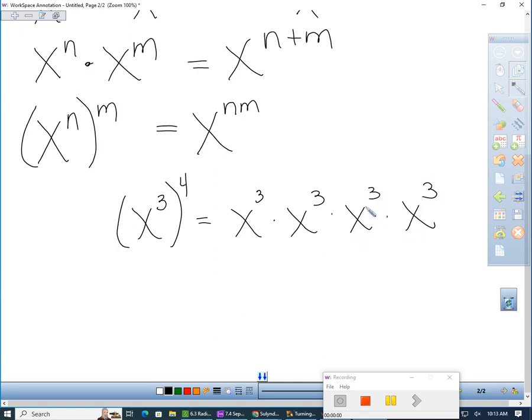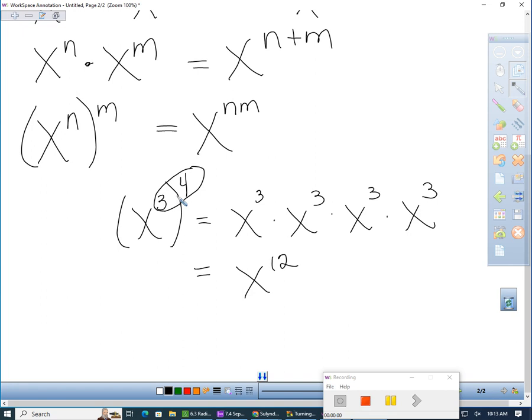So yesterday, in our rule, we would have kept the base and added our exponents all together. So 3 plus 3 plus 3 plus 3, whereas if we go ahead and multiply our exponents, we get the exact same thing. All right? So instead of having to write it out and add our exponents together, we're going to multiply.